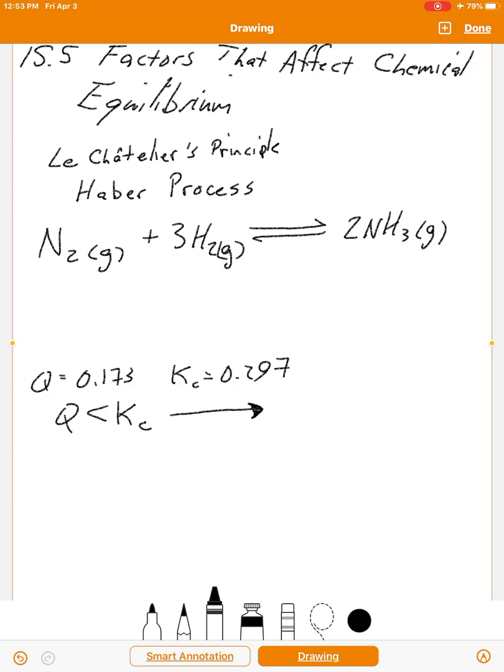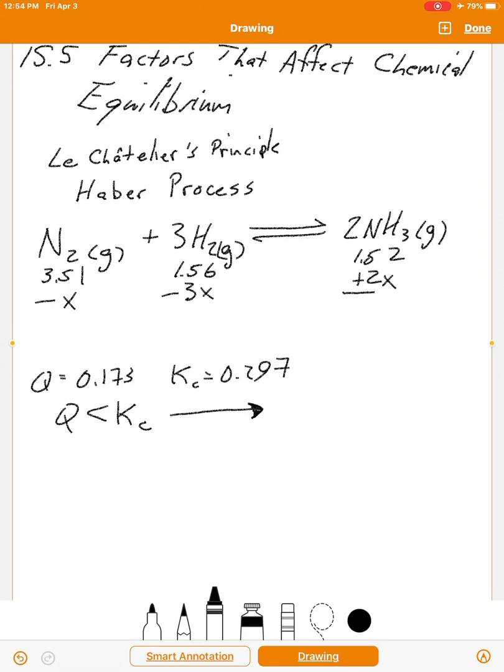So here's what happens. Let's put our numbers back in there again. This one is 1.52. This one is 3.51. And this one is 1.56. Q is less than K, so now we'll lose reactants and gain products.